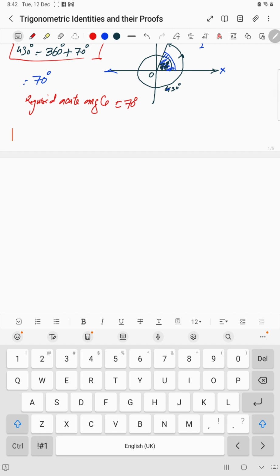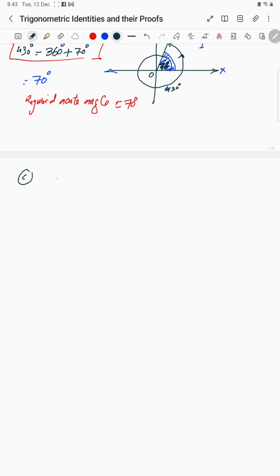Okay, fine. Now take another example. This part says C. You are given the angle 3 pi by 4 in radians, and you have to find the basic angle or the acute angle in terms of pi. Already in the last lesson we learned that 180 degrees is equal to pi radians.